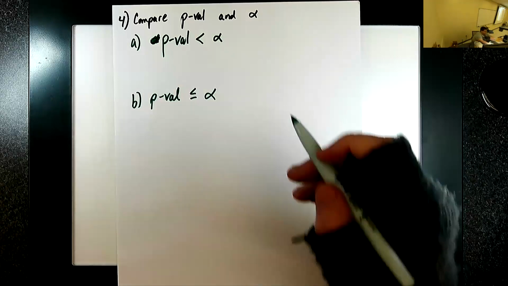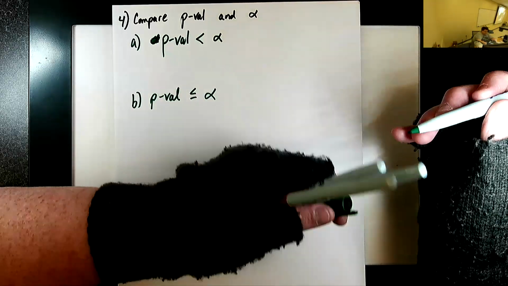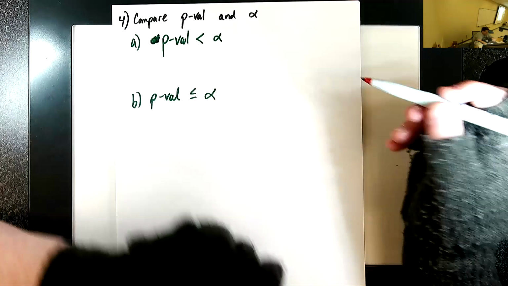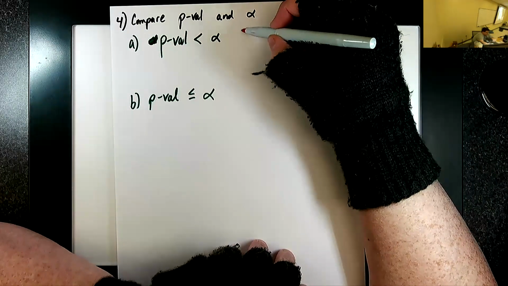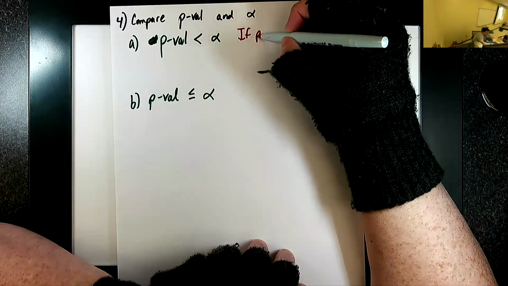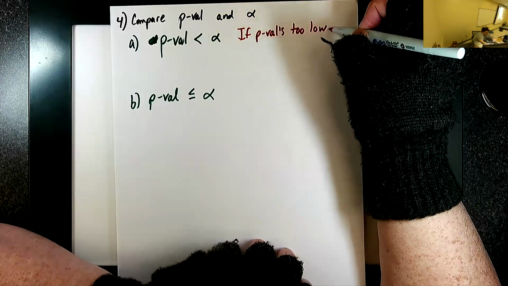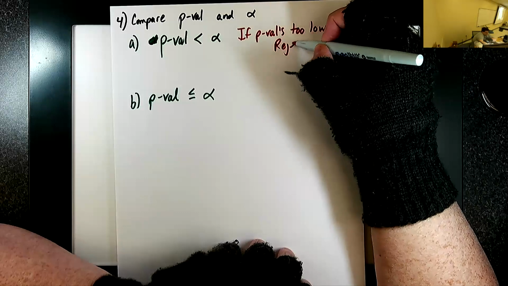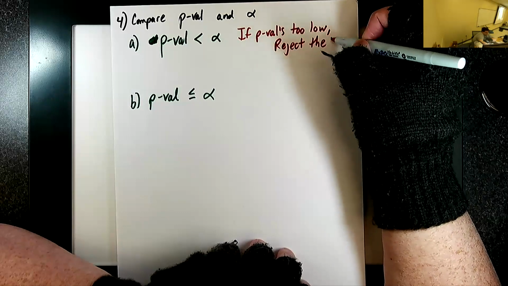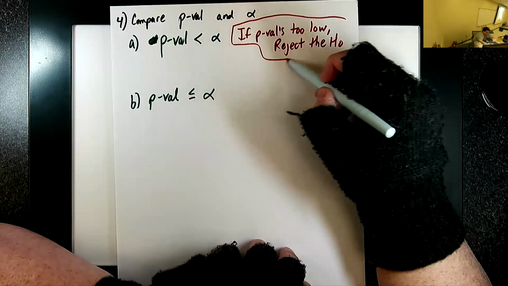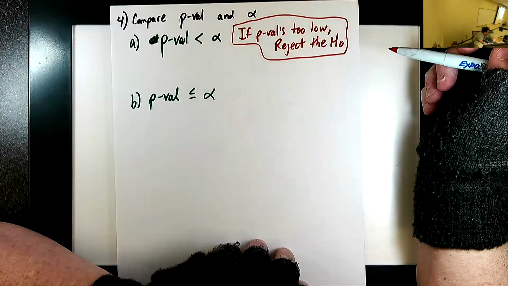So if p-value is less than alpha, less than means it's lower than. The way I remember this is if p-val is too low, reject the hoe. That's your Hefe approved memory system.